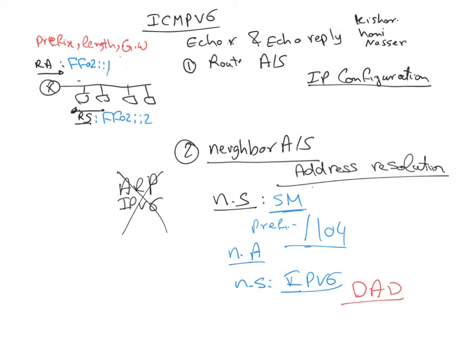So I want to know if there is another node on the LAN that uses my IP address, which happens typically when you try to configure an IP address manually on a host without knowing that another node on the LAN may have the same address. If you have two nodes with the same IP address on the LAN, they cannot communicate.